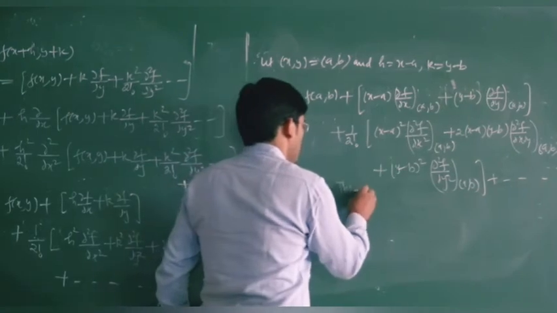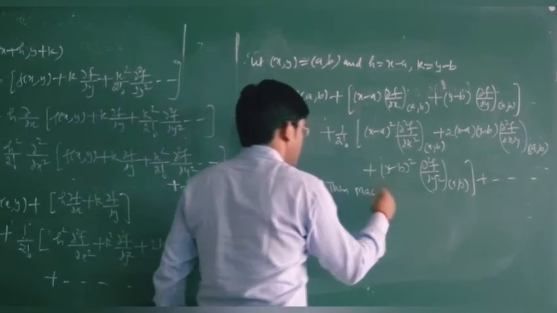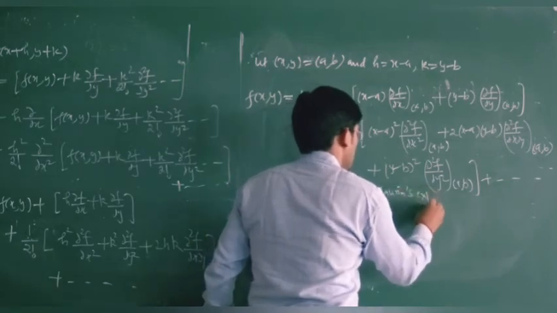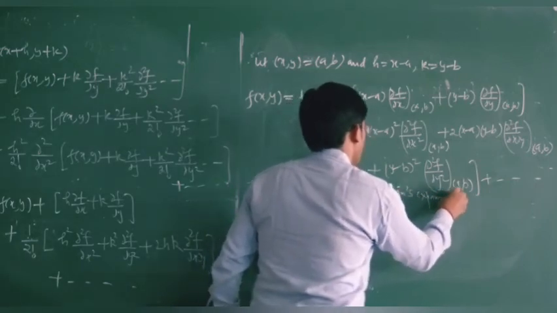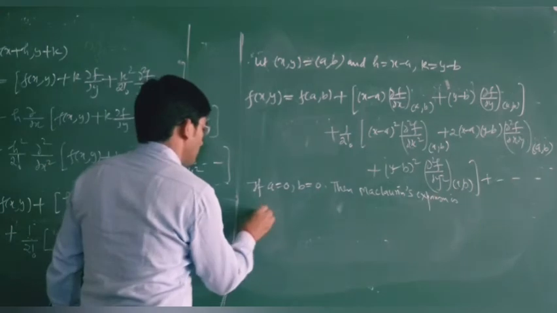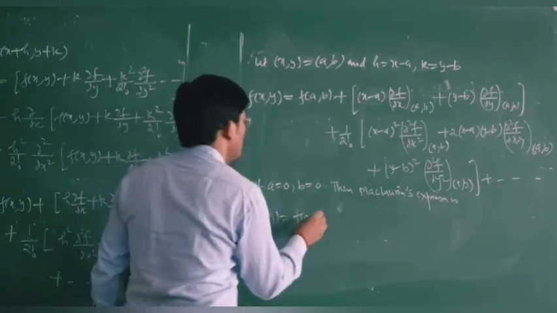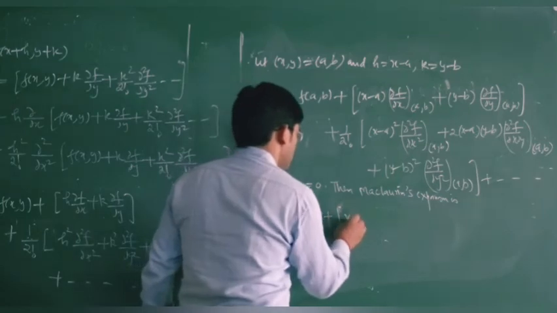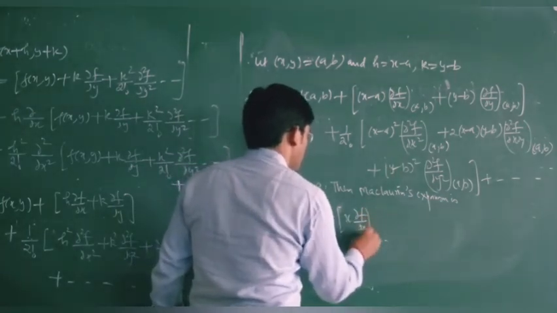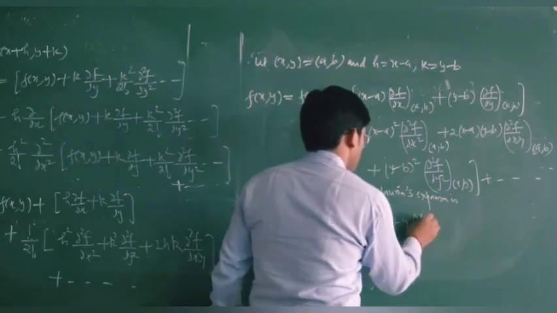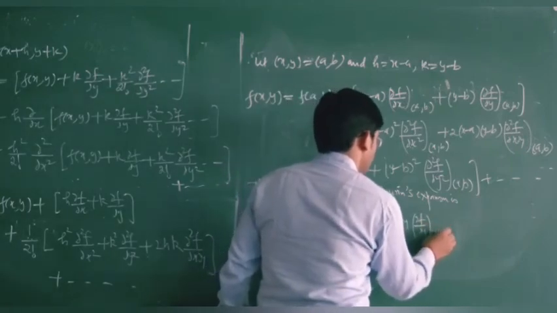Then the Maclaurin expansion is given by f of x,y equal to f of 0 comma 0 plus x del f upon del x at 0 0 plus y del f upon del y at 0 0.